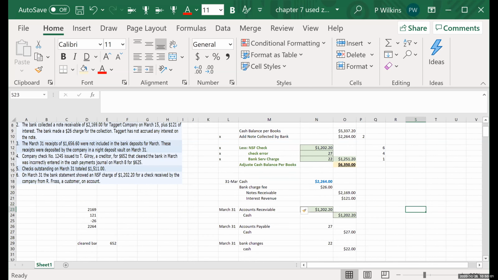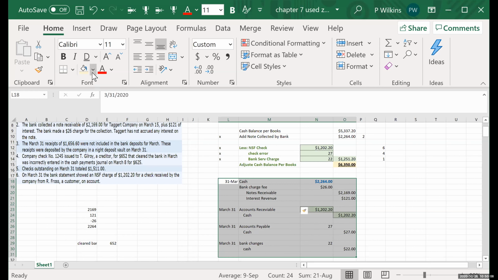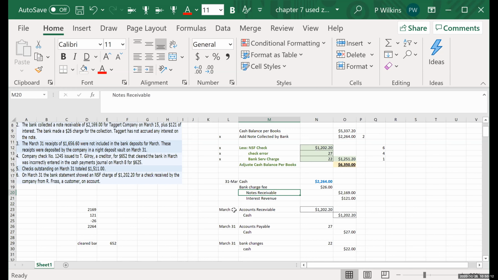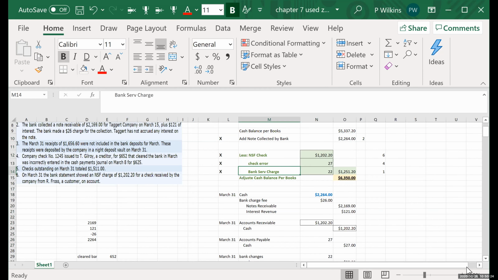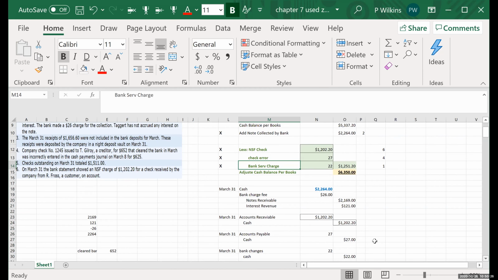Okay. All right. So these are your journal entries here, and I'm actually going to get rid of all of the highlight there. So these are the journal entries for the items up here that have the check marks next to them, which are the ones that you need to do your entries for. So you're always doing it the per book.